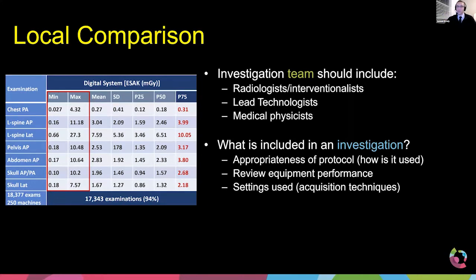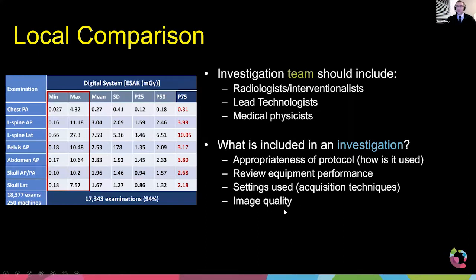Well, if you go in and you check, what happens if the kV's been turned down too low? Let's say it's 70 or 90 or whatever. And someone has compensated because the contrast doesn't look good by turning the mA up really high, thinking that they can improve the quality of the image. In this case, the acquisition technique factors are out of balance. And so you need to ask yourself, do you have the right technique factors?